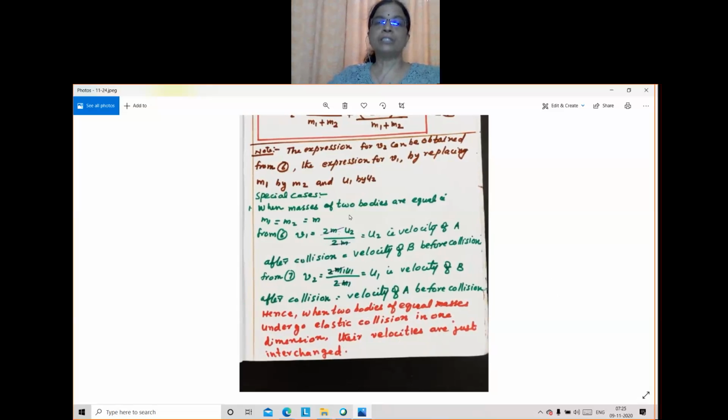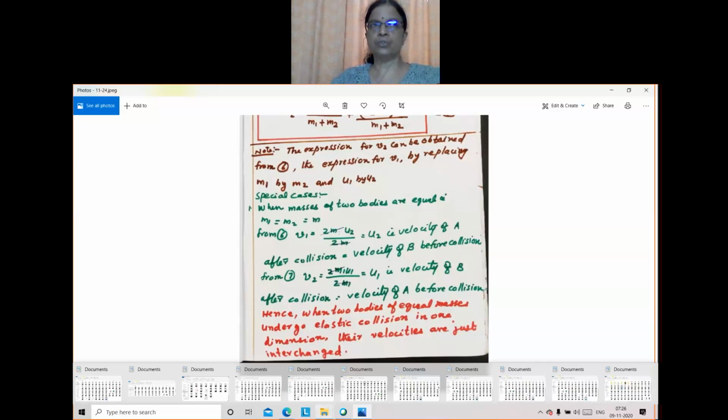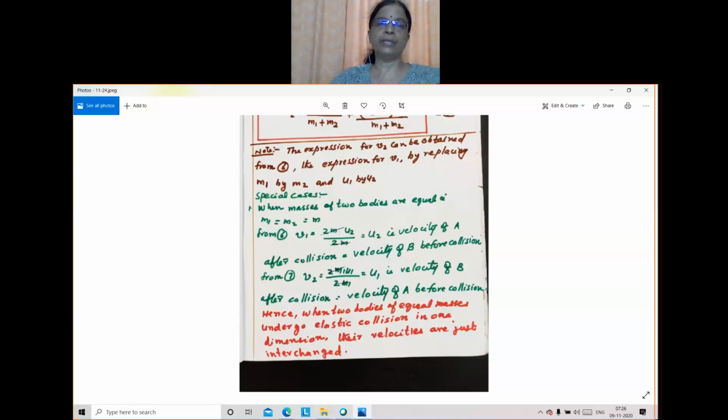When the masses of the two bodies are equal, think about the carom board: both coins have almost the same mass, and they move along the same straight line. Or consider two balls of the same type and same mass colliding along the same straight line. In such a collision, m1 equals m2, both masses are equal.